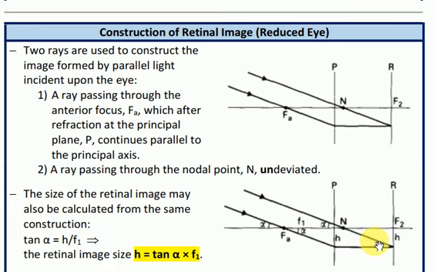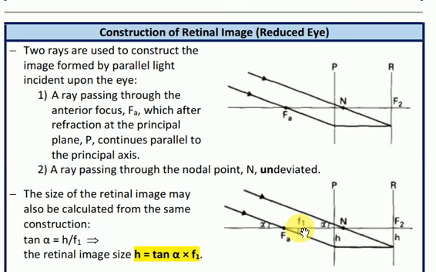The retinal image size is therefore directly related to the angle subtended by an object at the nodal point, F1 being the constant in the individual eye, because tangent alpha is equal to h divided by F1.